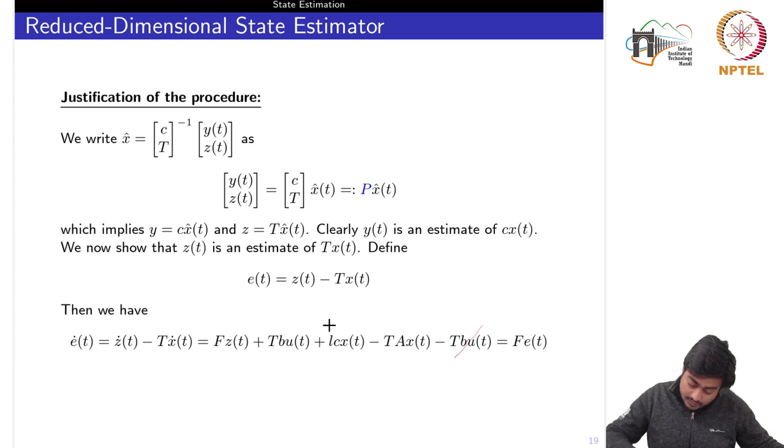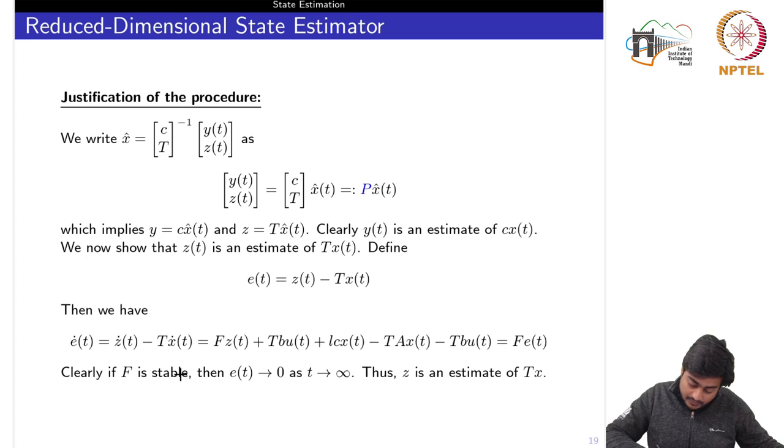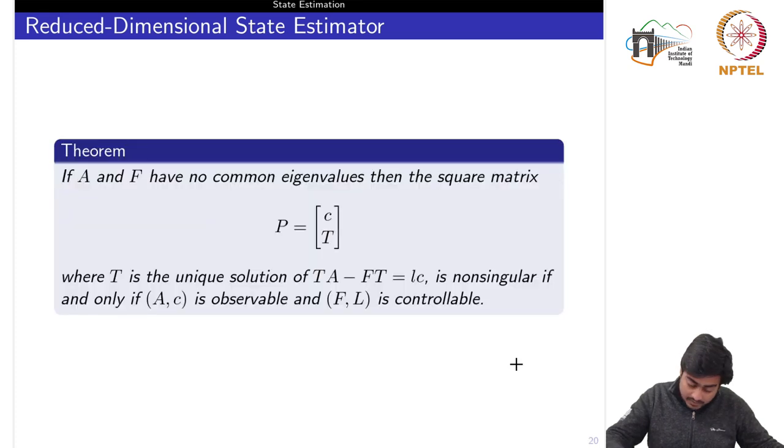In a similar way some of the terms will cancel out and the rest after combining would finally give us the relationship that E dot is equal to F E. We have already selected F as a stable matrix, so it ensures that E(t) tends to 0 as t tends to infinity, thus z is an estimate of Tx. So we see that this reduced dimensional state estimator helps us to estimate the complete state, though the dimension of the estimator is not the same as the dimension of the plant.